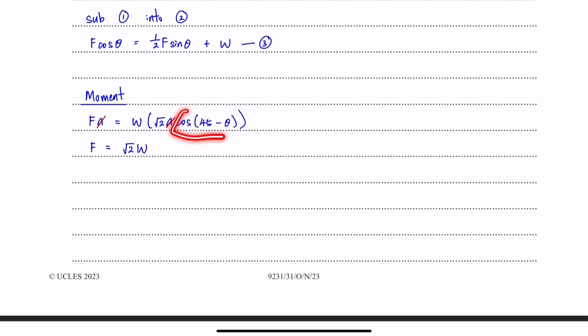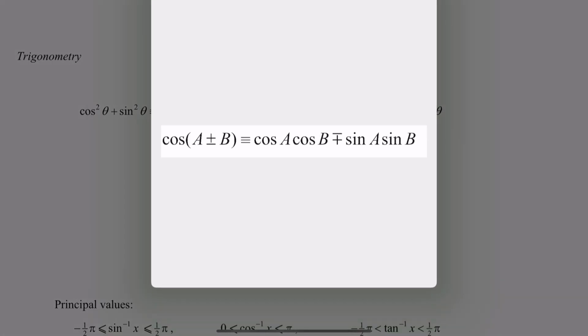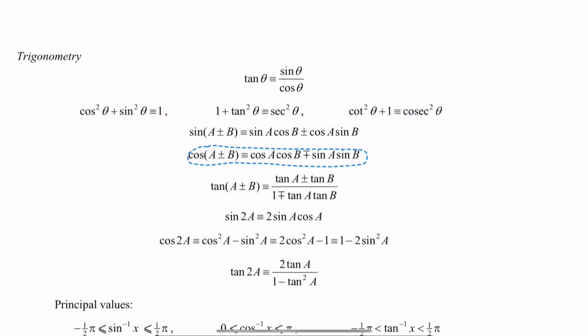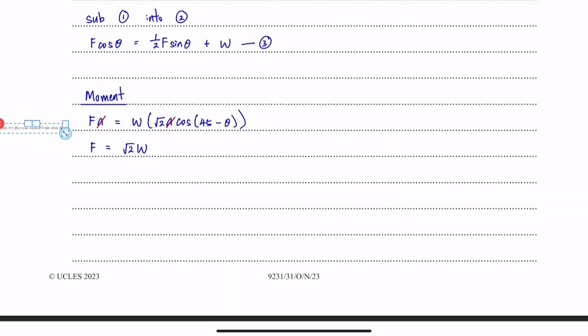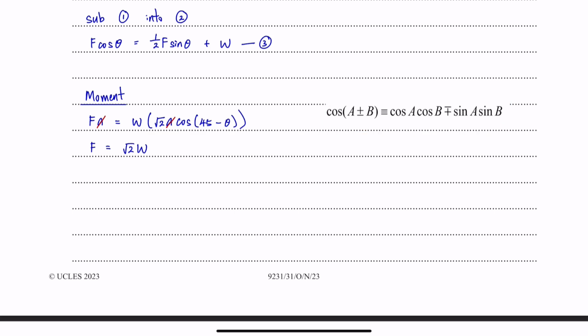And for cos(45 minus theta), we can use this formula. So we would have cos 45 cos theta plus sin 45 sin theta.